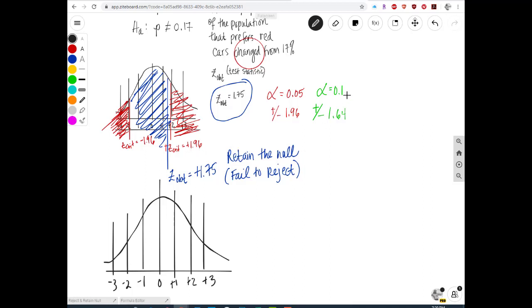Now I'm going to show you what happens had my alpha been 10% instead of 5%. So now I'm going to have an area of rejection that starts with a z-crit of 1.64. So here is going to be my z-crit.